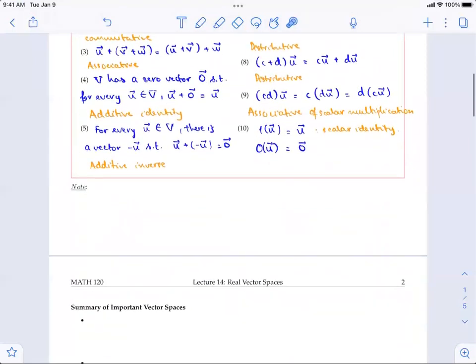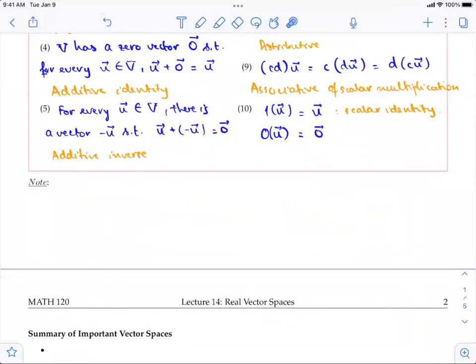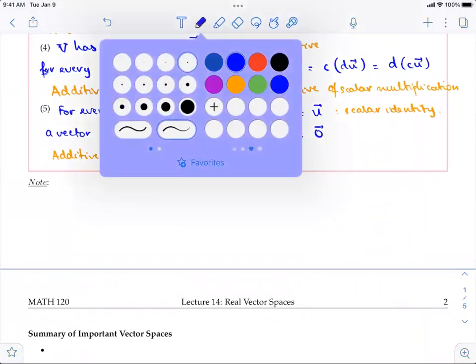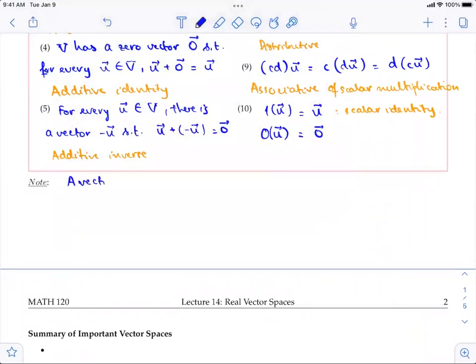Okay, one note here: a vector space consists of 4 entities. The first one is a set of vectors, for obvious reasons, because we are working with vectors and we want to know if the set is a vector space or not. So the set has to have vectors in it.